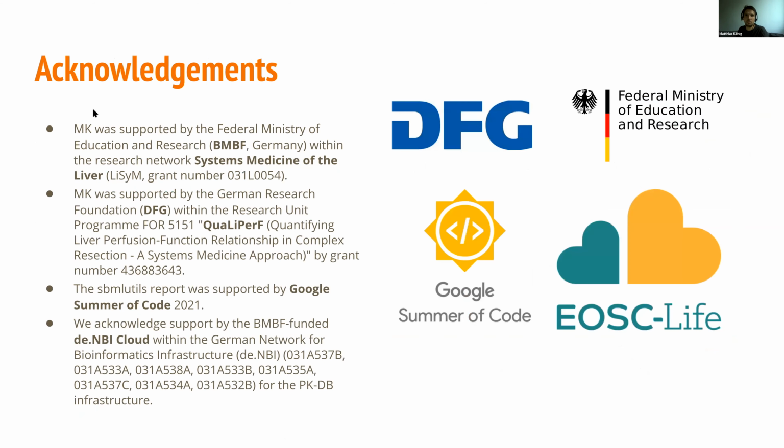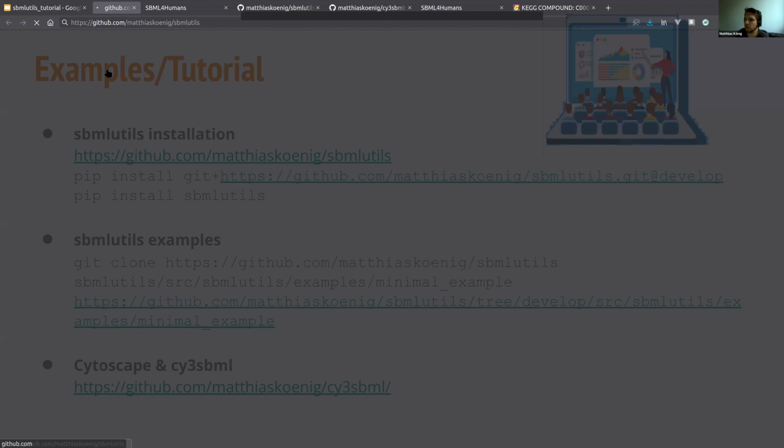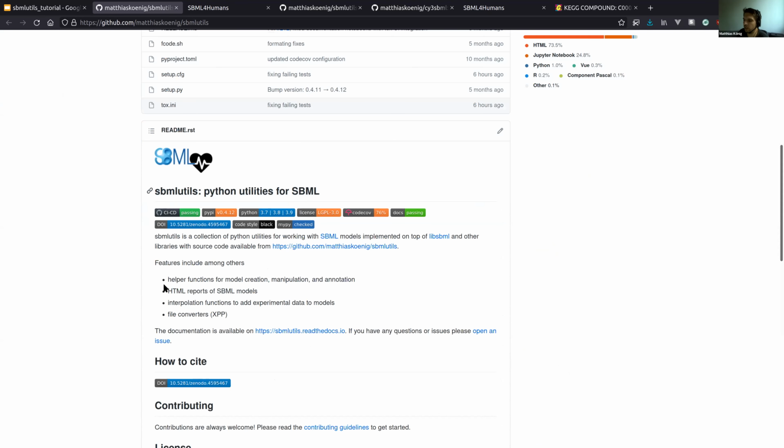Yeah, I will now walk a bit in the second half of the talk through some examples. The only thing you have to do to follow or rerun this example is install SBML utils. I would say the best entry point for that is you just go on the homepage, and there's an installation section.